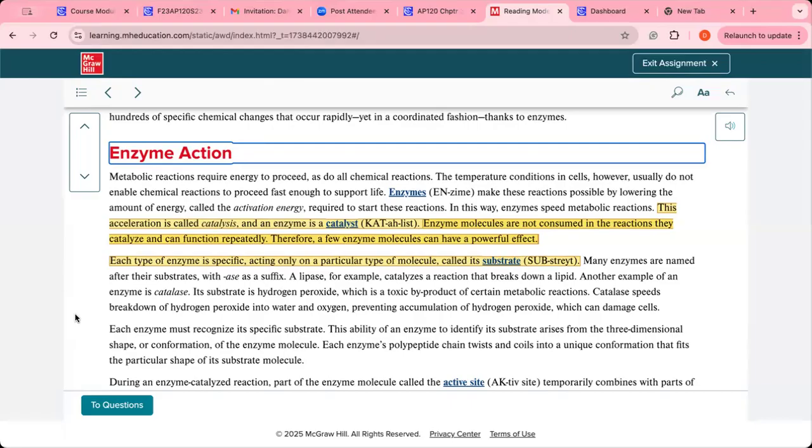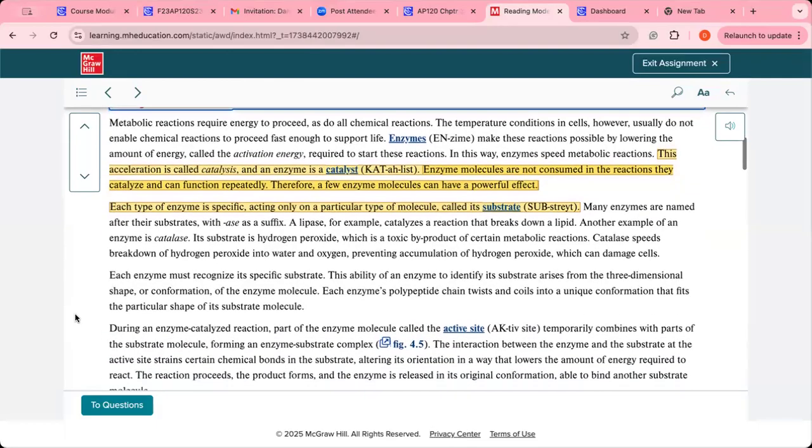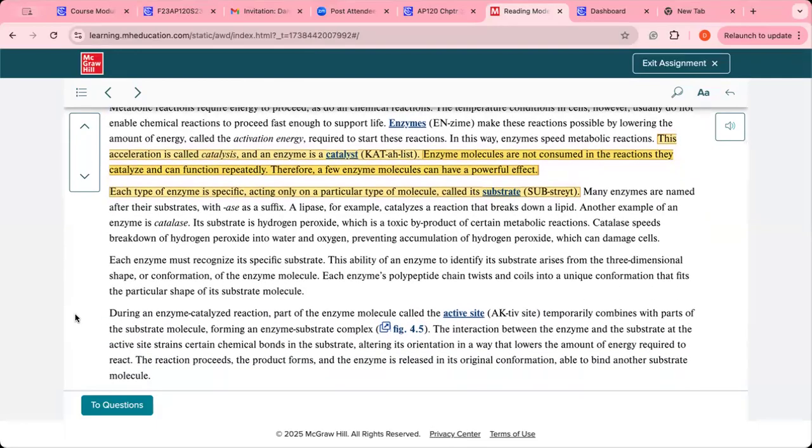So they are considered catalysts because they speed metabolic reactions, which is called catalysis.